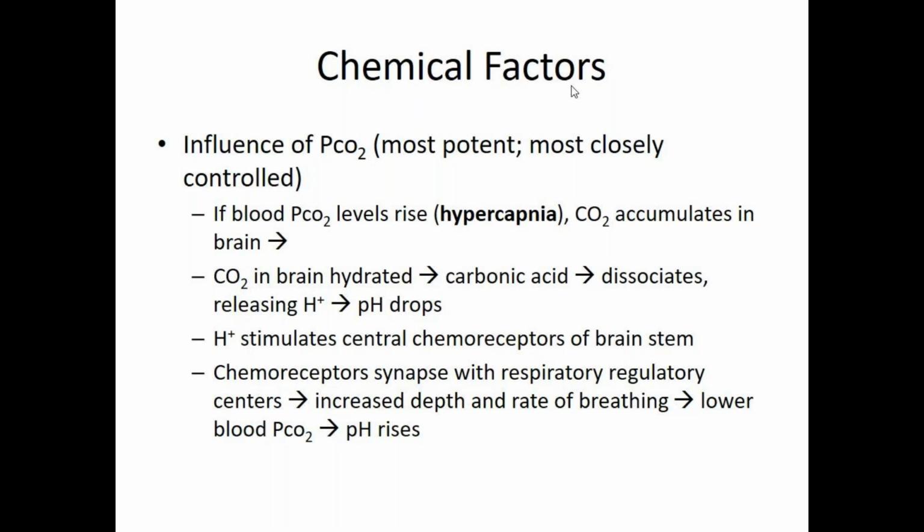But this is not such an immediately bad thing, because in the brainstem itself, in some of those chemoreceptor regions, we're monitoring for this dissociated hydrogen, this basically drop in pH. That's going to influence an uptick in depth and rate of breathing, trying to lower that PCO2.